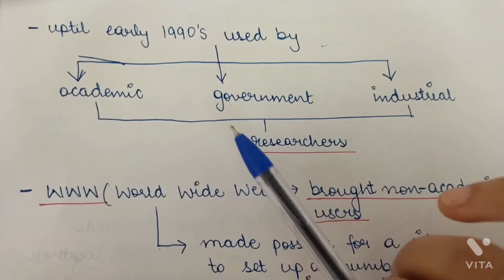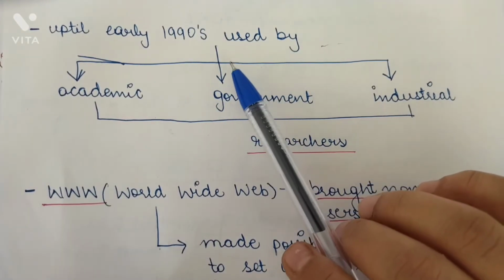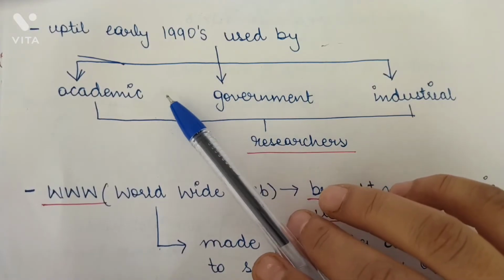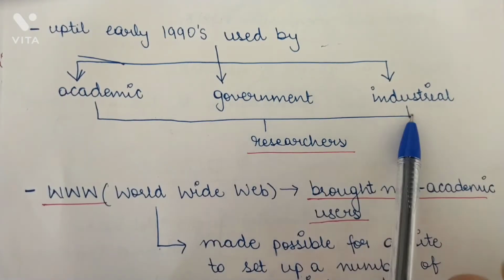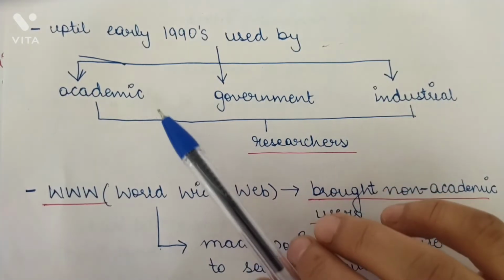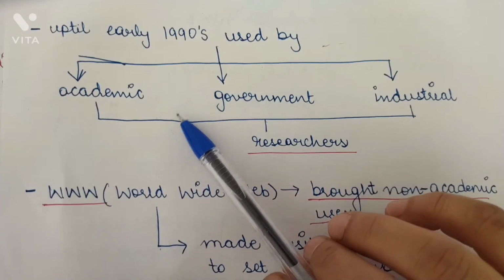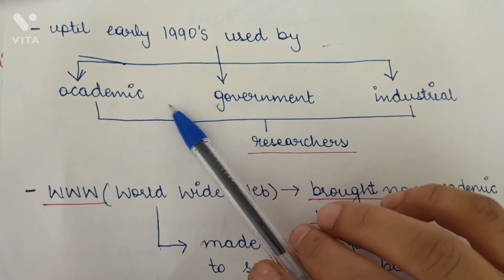Now, up till the early 1990s, the NSFNET and the ARPANET were used for academic, government and industrial purposes only. So only academic organizations, like you have www.edu. Any organization which ends with edu is an educational or academic organization.